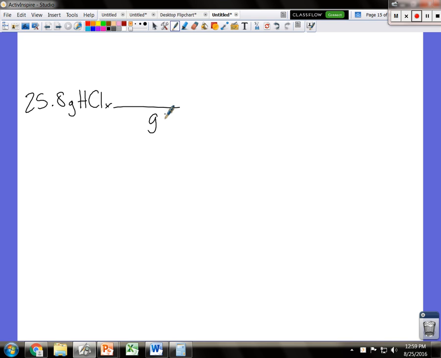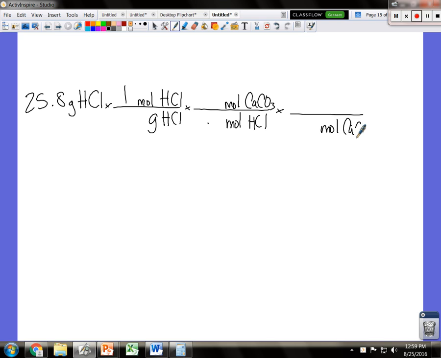I've got grams of HCl to 1 mole of HCl, and moles of HCl to moles of CaCO3, and then moles of CaCO3 to grams of CaCO3.